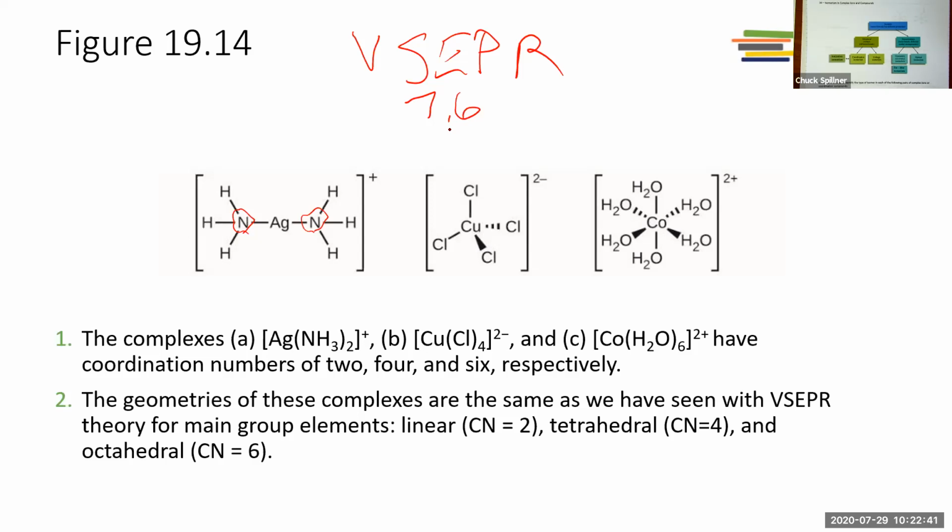In the case of the silver ion, it was a linear structure. In the case of the copper 2 complex ion, it's a tetrahedral structure. Now, you're looking at this screen, which is 2-dimensional, but all these shapes are 3-dimensional.